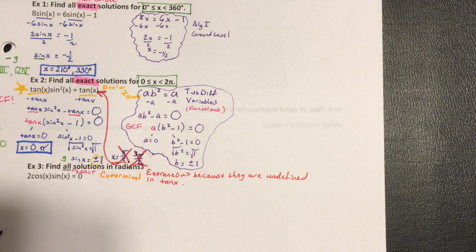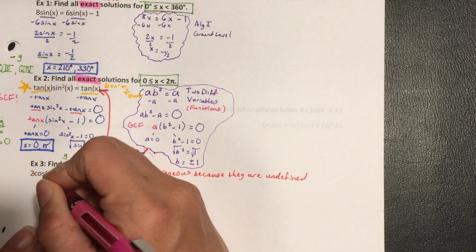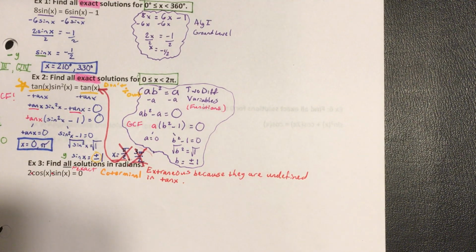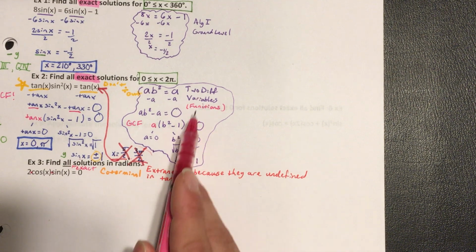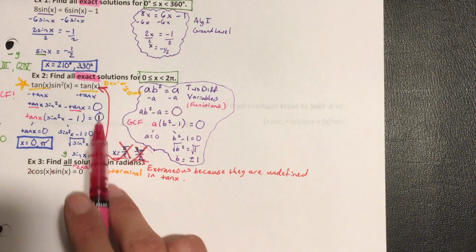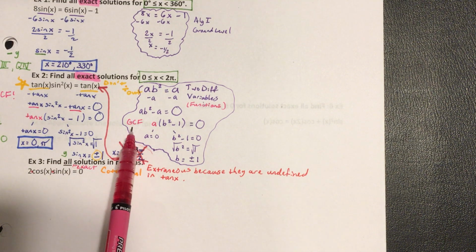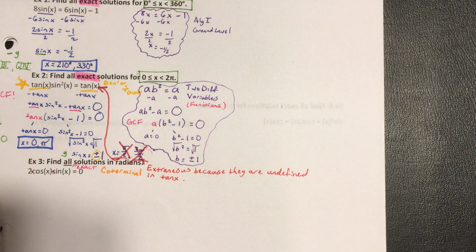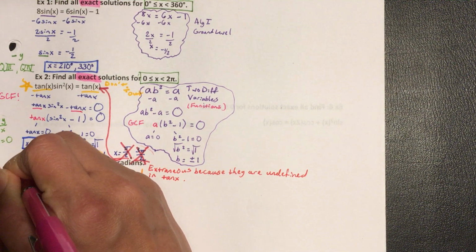So let's take a look at the setup of this problem. We've got 2 times cosine times sine equals 0. The problem with this one is that there are 2 different trig functions, or 2 different kinds of variables, like we had in the last problem. But can we take out a GCF? No. But do we need to take out a GCF? This one's kind of weird and a little counterintuitive, because it's actually already factored.